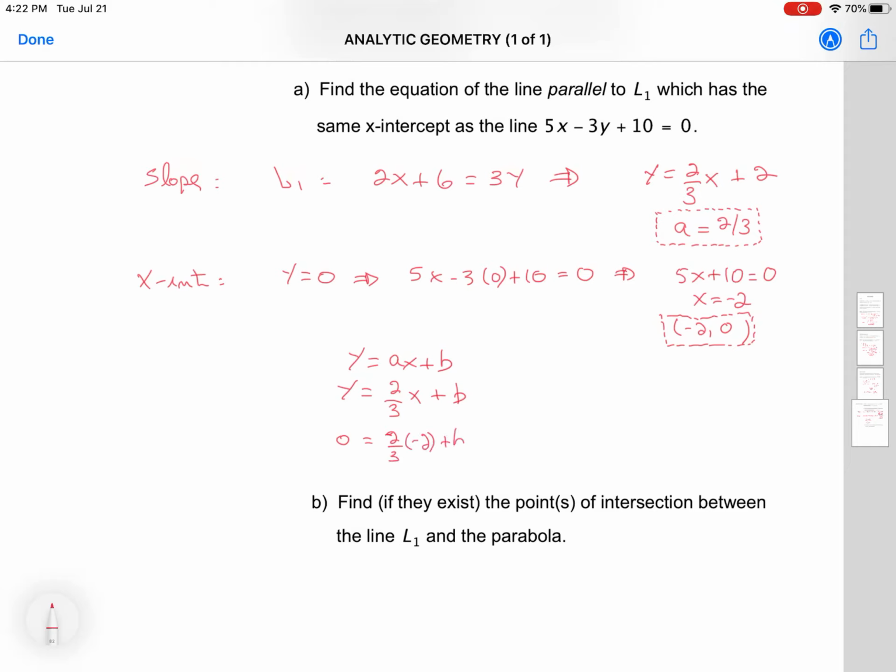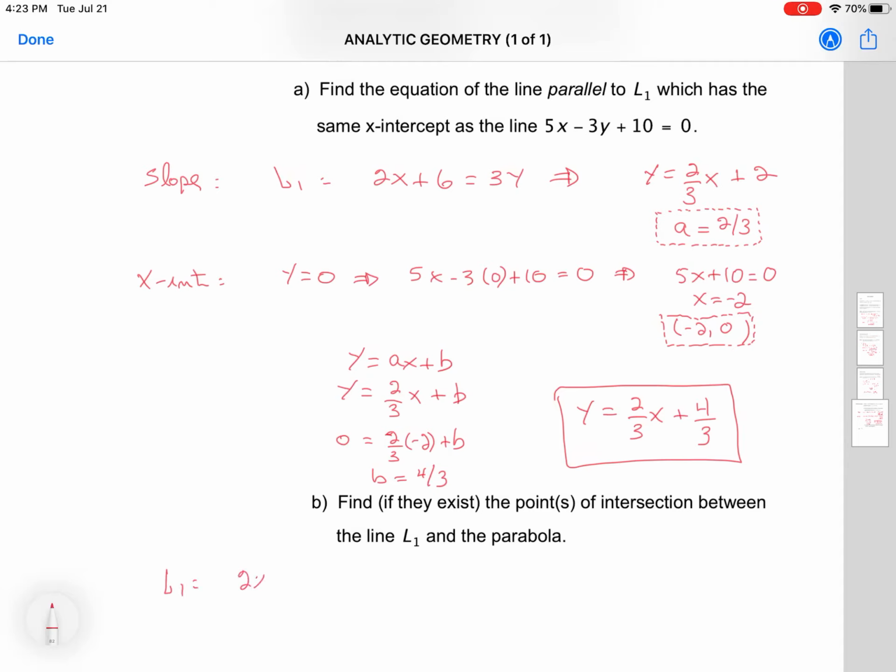And now we're going to replace y by 0, and we're going to replace x by minus 2. And what are we going to find? We're going to find that b is actually 4/3. So combining all this together, we have that y is equal to 2/3 x plus 4/3. That is the equation of the line that satisfies all of these conditions.